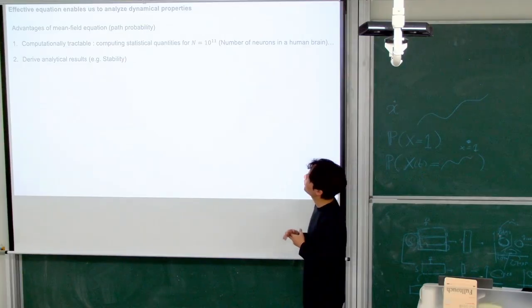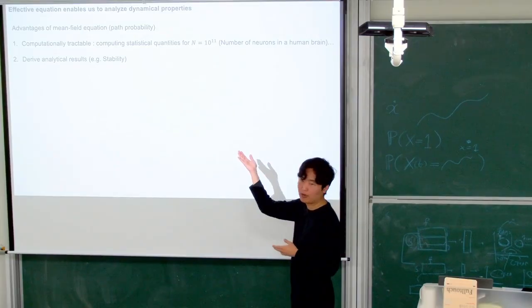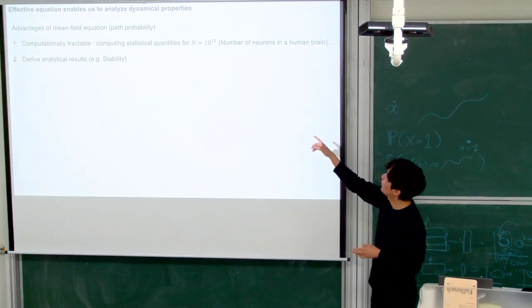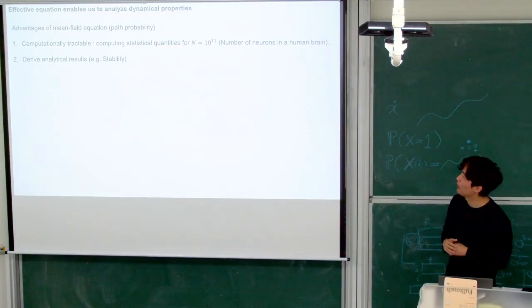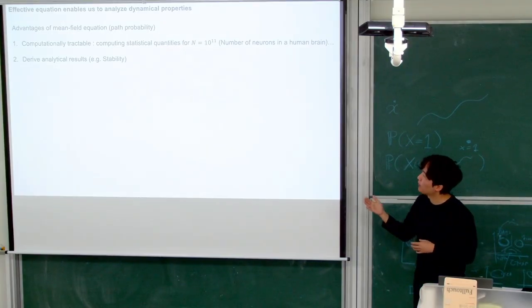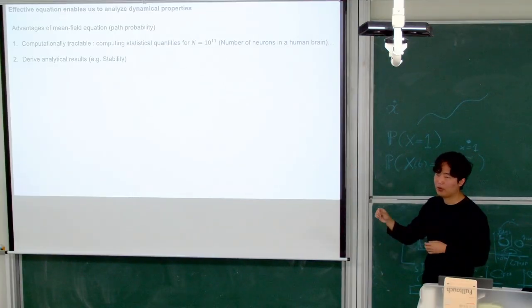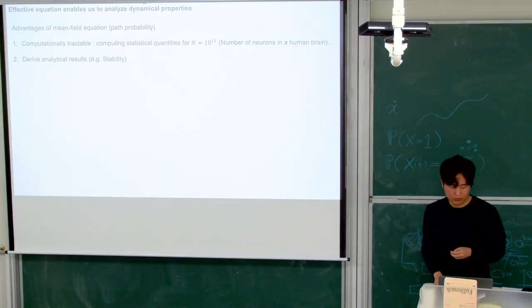So, what is the advantage? One advantage may be that it is computationally tractable. If you have a large number of ODEs, it's very difficult. But if you have an effective equation, it is easier. The other thing is that you can actually study the effective equation and derive some analytical results.